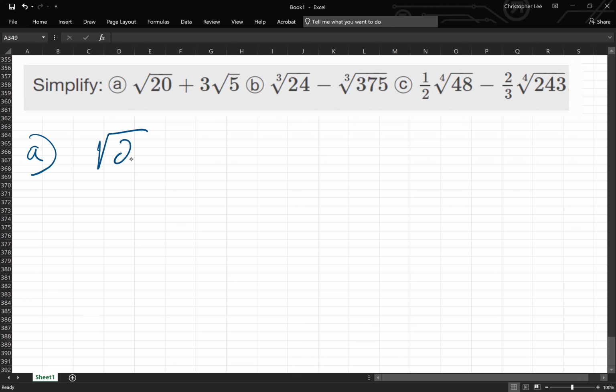So I have square root 20 plus 3 square root 5. You know, I could break down square root 20. That's just square root 4 times square root 5.